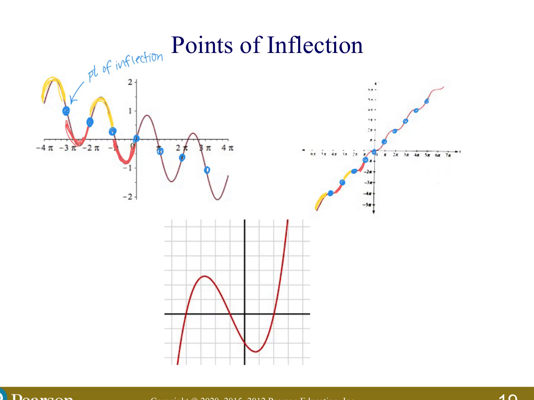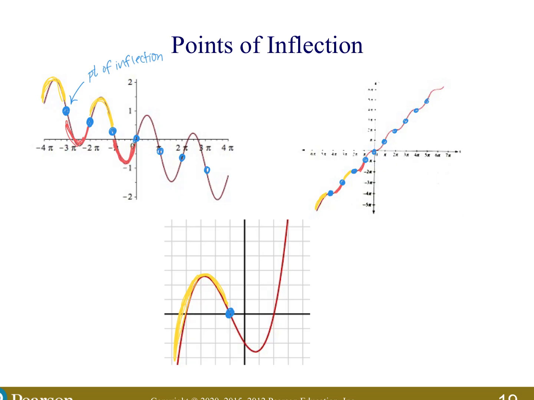The one at the bottom is your most basic. The concavity changes about right here, and all of this section is concave down. The slope is decreasing. Every point you go, the slope is less than it was before.